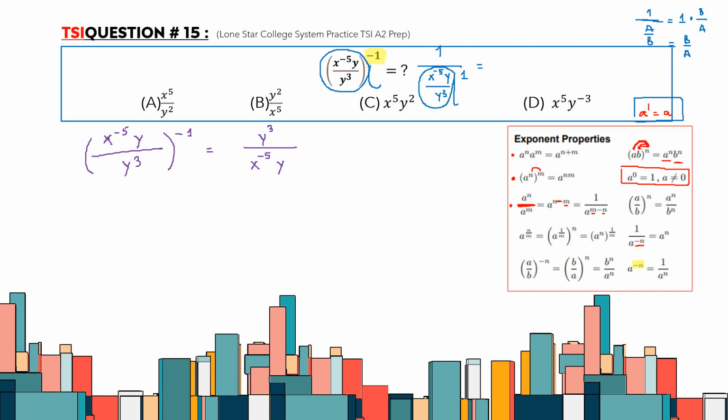So we just flip over. That's why we have y cubed on the top and over x to the negative 5 times y at the bottom. So 1 multiplied by the reciprocal is the same thing as y cubed over x to the negative 5 times y.